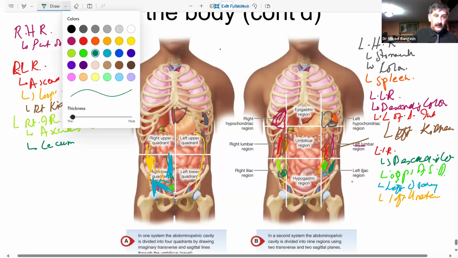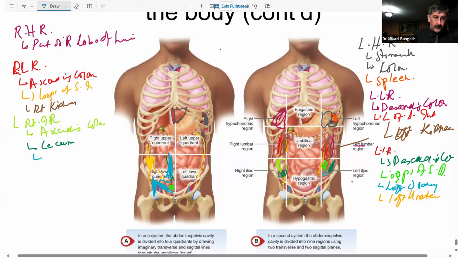And this will also be the region where you'll find the appendix.